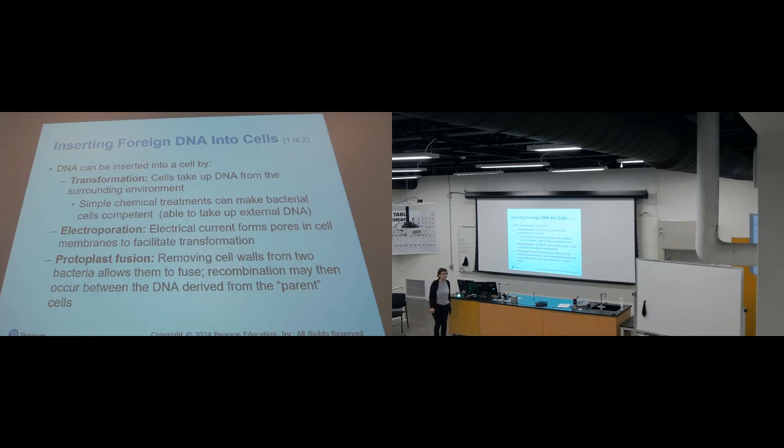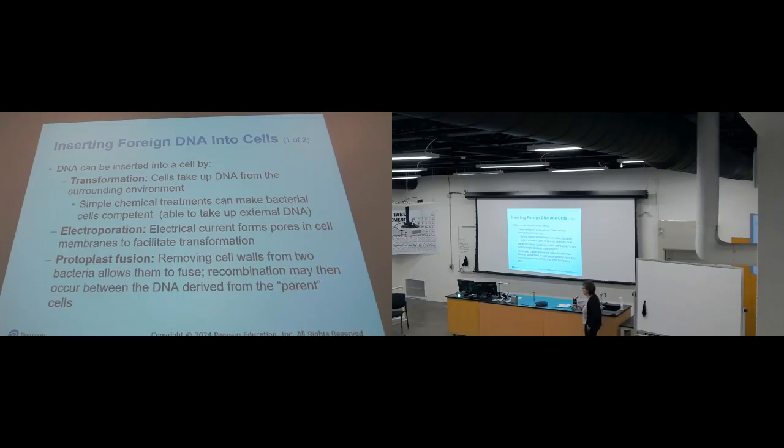So here are the five different ways to insert DNA into a cell. The cells can be transformed. You can use chemical treatments to transform the cells, so you can make the cells porous with chemicals, and then that porosity helps the cells take up external DNA.